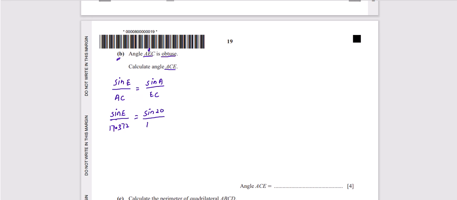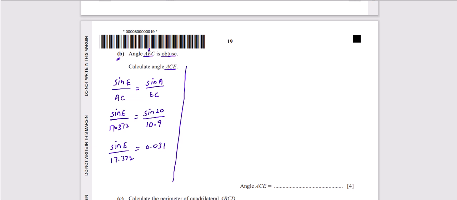EC is equal to 10.9. So sine E over 17.372 is sine 20 divided by 10.9, we get 0.031.